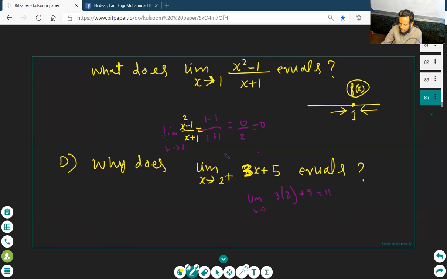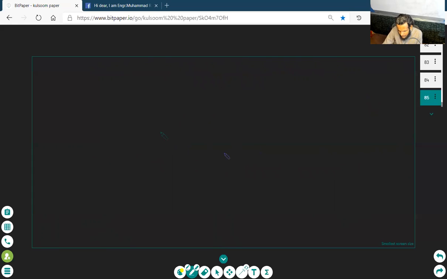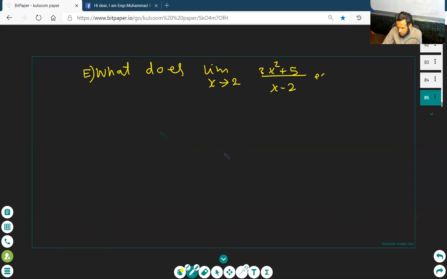If we put the values from the left side and right side, both sides, we get 11. Now, what about the limit as x approaches 2 of 3x square plus 5x upon x minus 2?